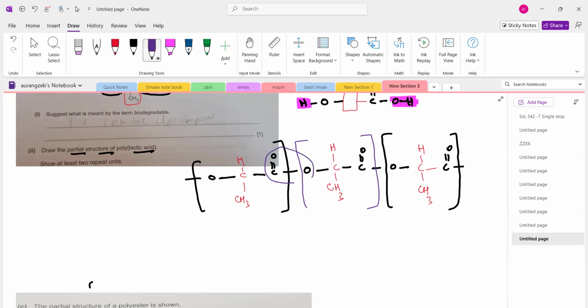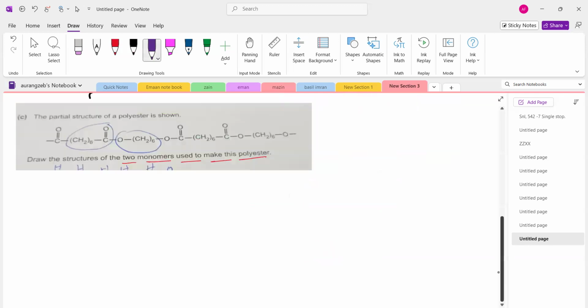This functional group is ester. This functional group is ester. So many repeating ester functional groups. So it is also a polyester. And now in this case, they have again given us a structure of the polyester and they are asking to find out the monomers.